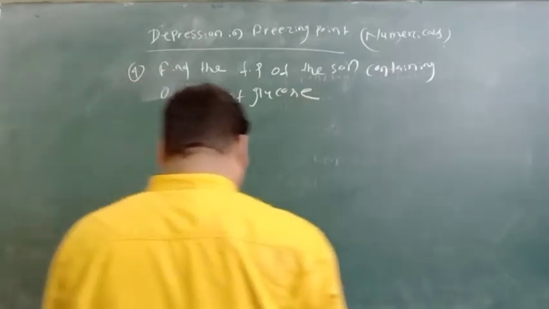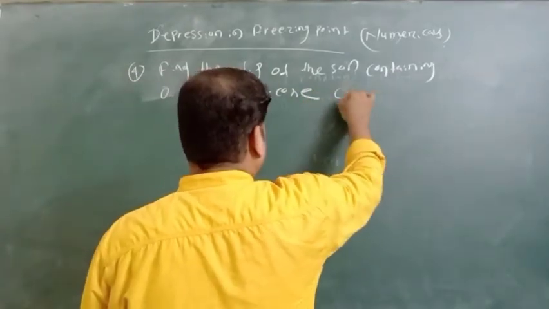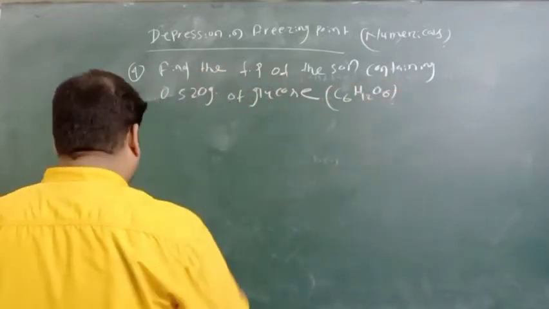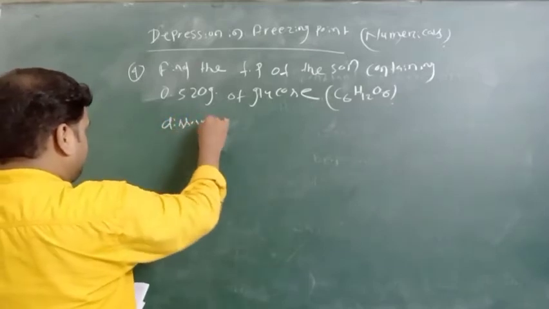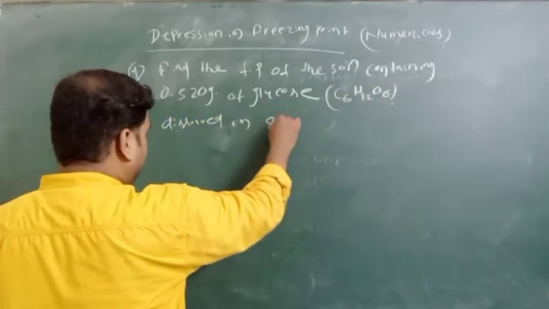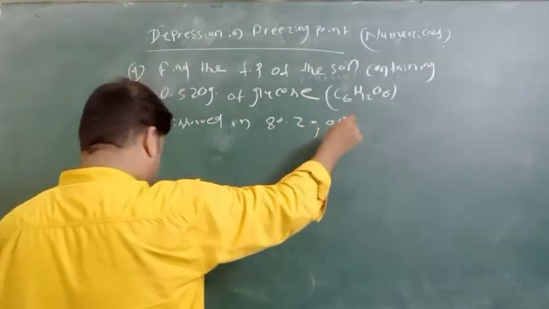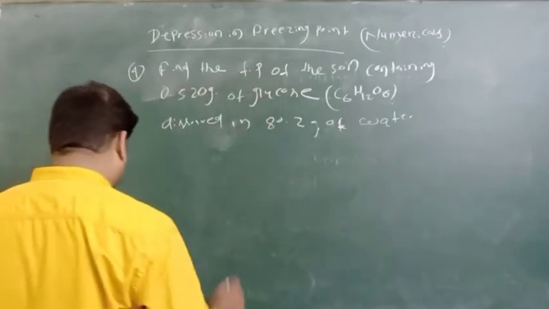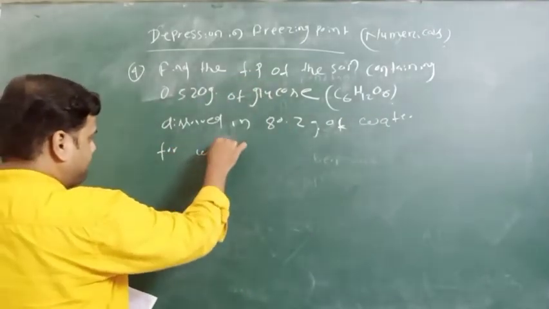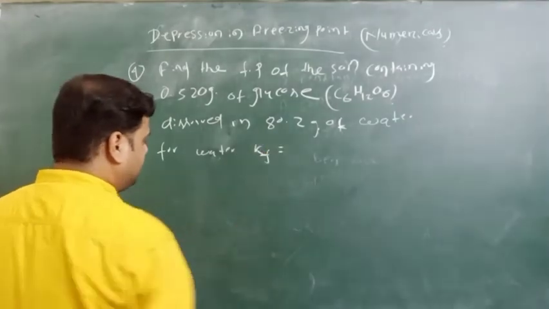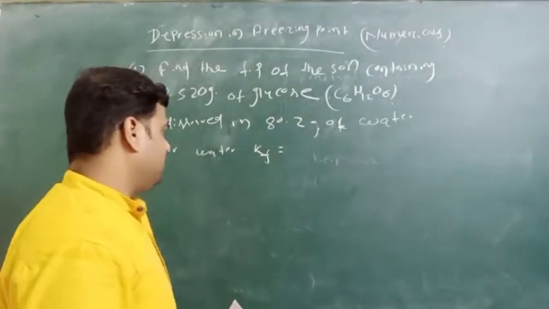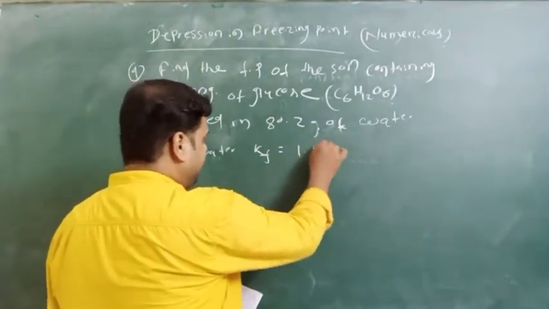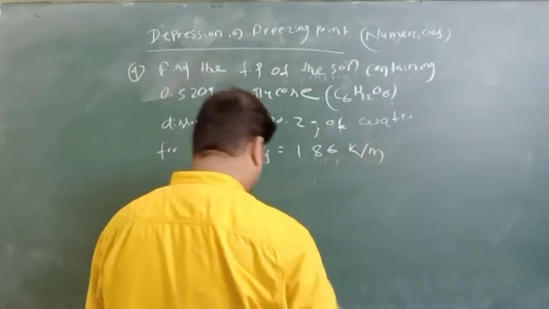We know that the glucose formula is C6H12O6, dissolved in 80.2 grams of water. For water, the Kf value is the cryoscopic constant or molar depression constant, we can say. Kf equals 1.86 Kelvin per mole.